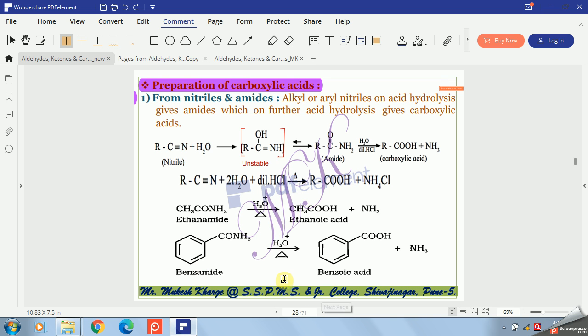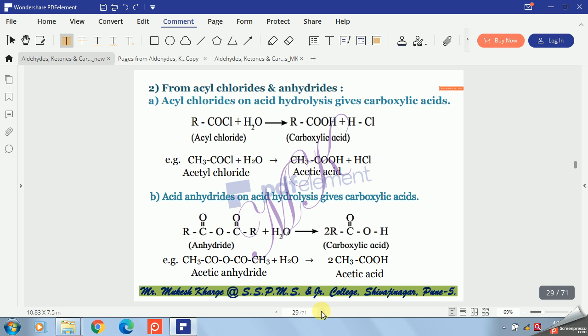Then next is from acyl chloride and anhydride. Acyl chloride functional group is -COCl and anhydride is -CO-O-CO-. Okay. So acyl chloride, RCOCl, is the general representation.